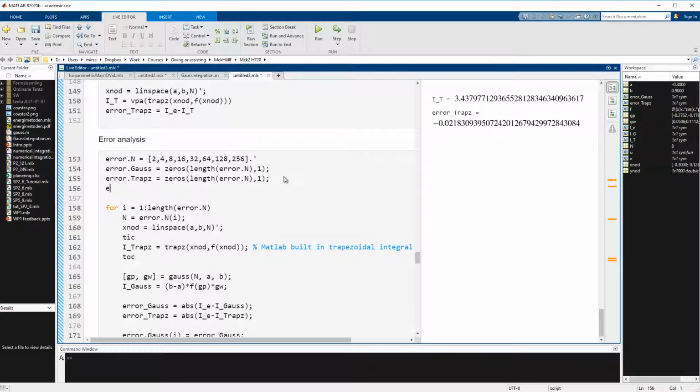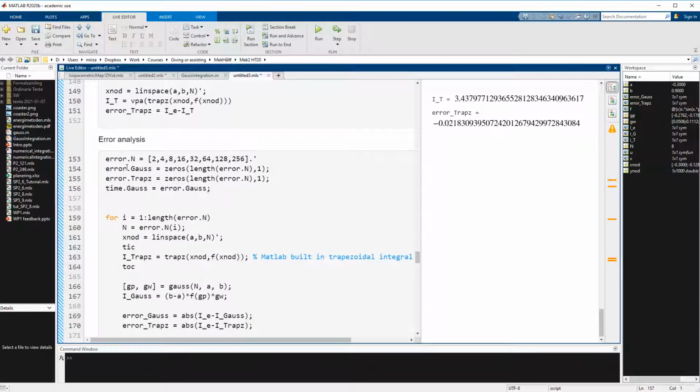And I can put this into a different variable, like time.Gauss, and it's going to be the same size, so I can copy this. So just a bunch of zeros. I'm pre-allocating zeros here, and then do time.traps.